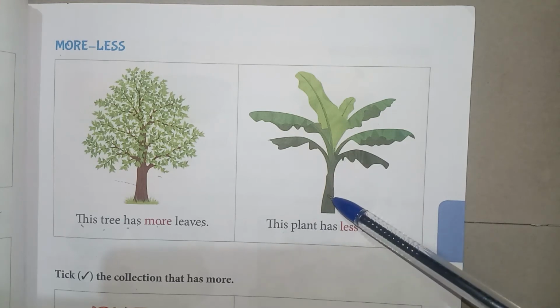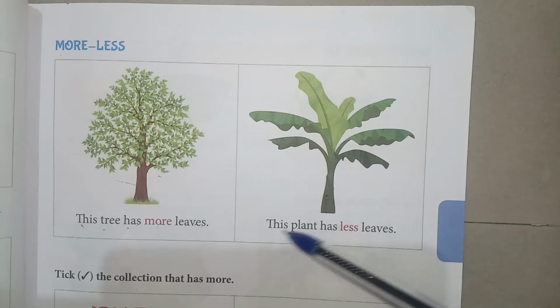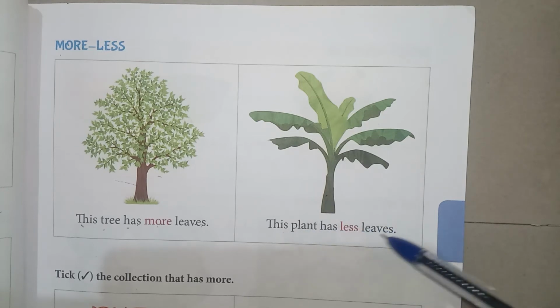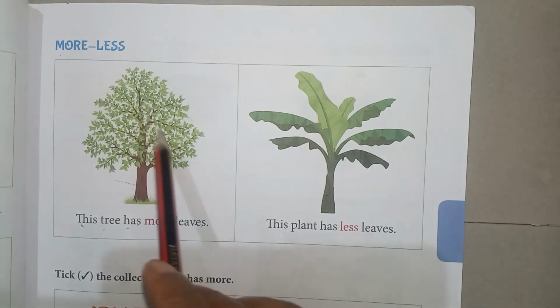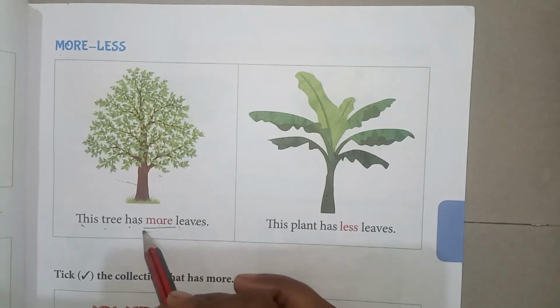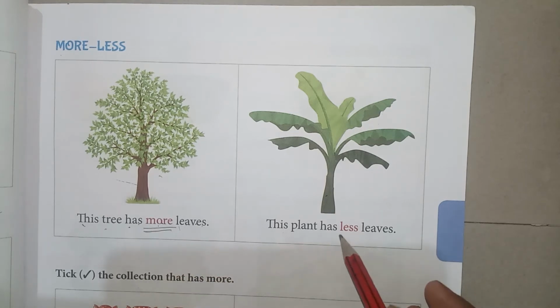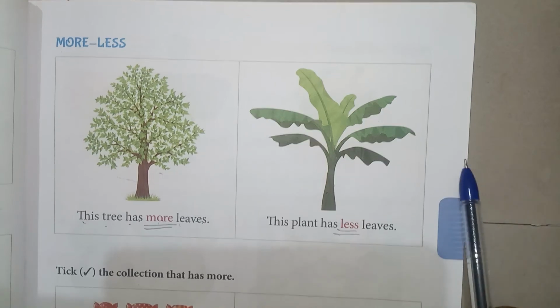This is the banana plant and this plant has less leaves. What is our concept to understand here? This tree has more leaves and this tree has less leaves. Yes, understood.